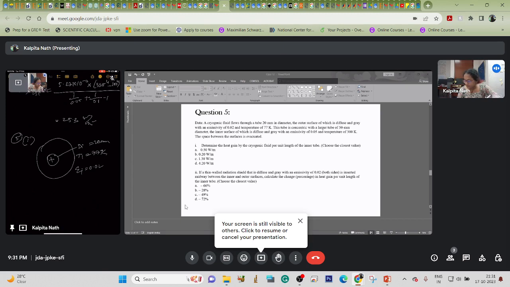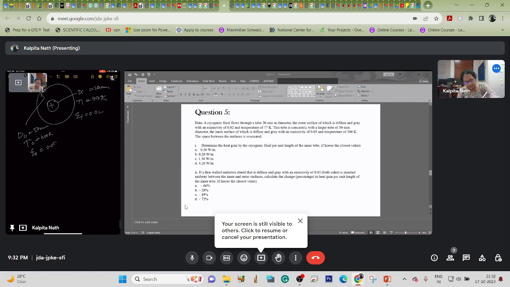This is the cryogenic fluid in the tube, and the outer diameter is 50 mm, temperature is 300 Kelvin and epsilon is 0.05. This is the first part without shield, so no shield. Let us do this part first.